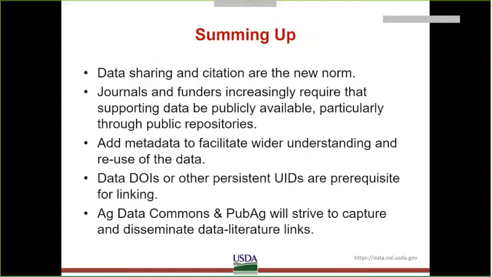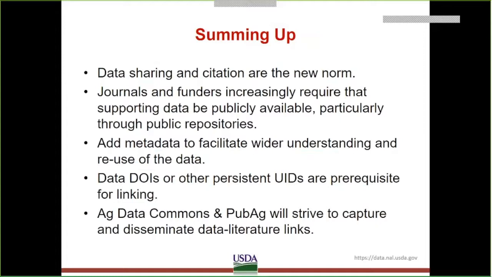So to sum up, open data access and citation are increasingly required in all areas of research. There is increasing acceptance of research data as citable contributions to the scholarly record. The trend is towards depositing data in open repositories in conjunction with the publication of an article rather than as supplementary content, since the article may well be paywalled at that time, so the data wouldn't then be open.